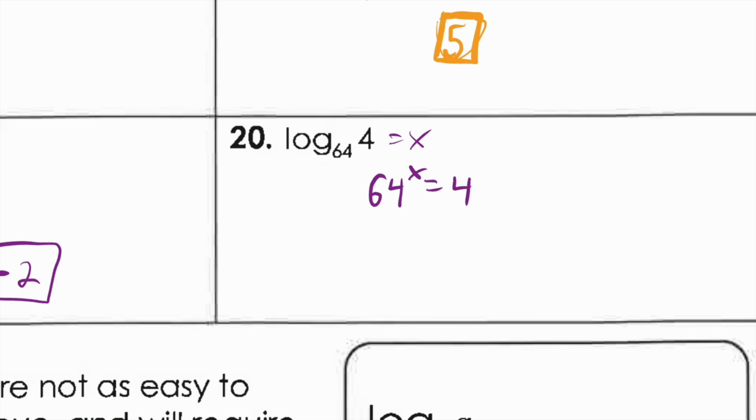And once again, you can just spam a bunch of different ones in your calculator. Square root of 64, cube root of 64, fourth root of 64, fifth root of 64. Just keep trying until you find which one's 4. And it would be the third root. And so x wouldn't equal 3, but equal 1 over 3, which is the cube root. 1 over 4 is the fourth root, 1 over 5 is the fifth root, and so on and so forth, as we've discussed.